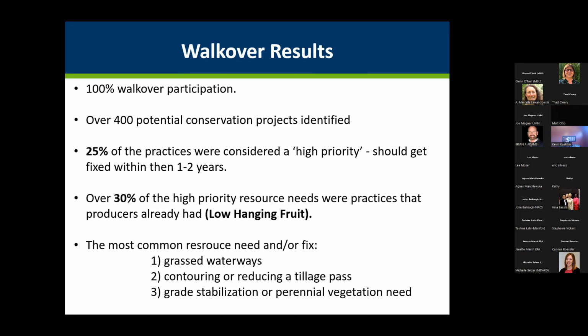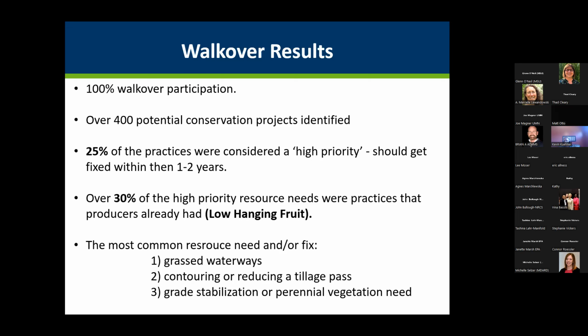Ron used those walkover maps, some of the ACPF maps, in that walkover process to help him focus his attention on some of those high priority areas, and in those discussions with the landowner. Through that, Ron identified about 400 potential projects in those 3 small watersheds.